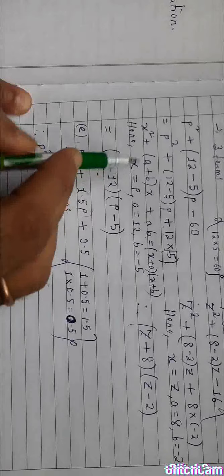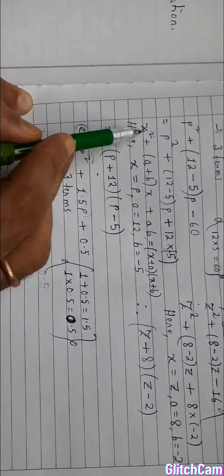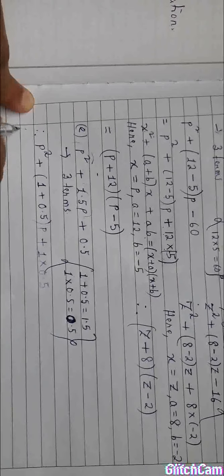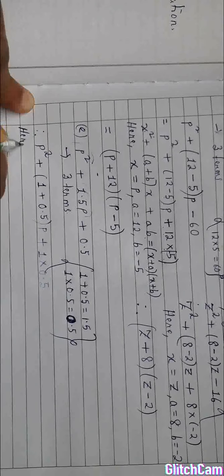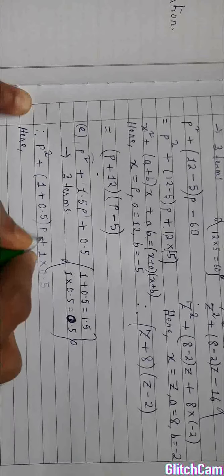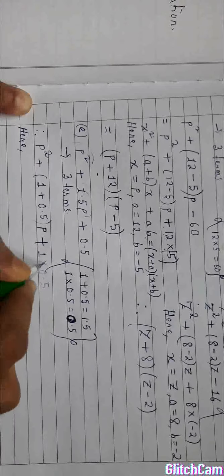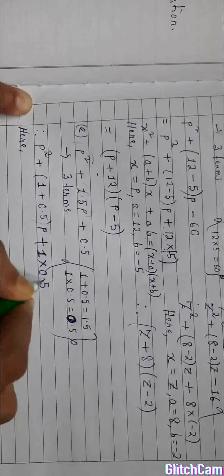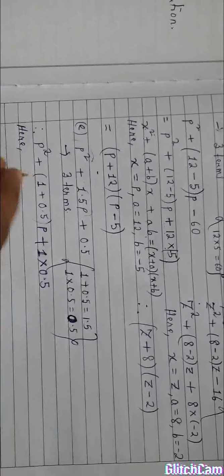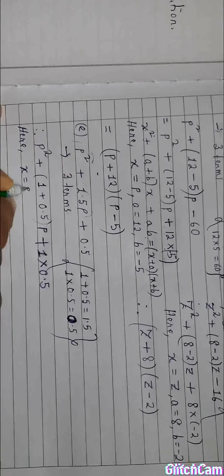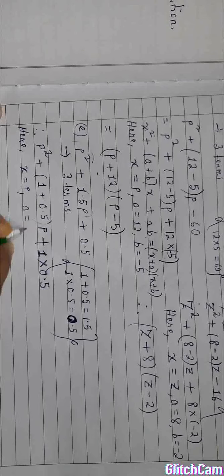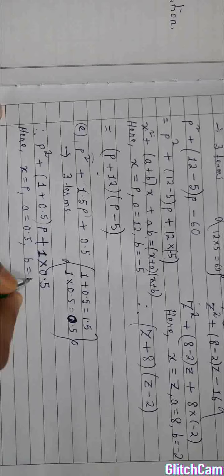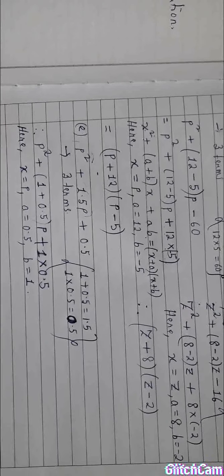Comparing this with the fourth identity, which is x square plus a plus bx plus ab, we get here x is equal to p, a equal to 0.5, b equal to 1.